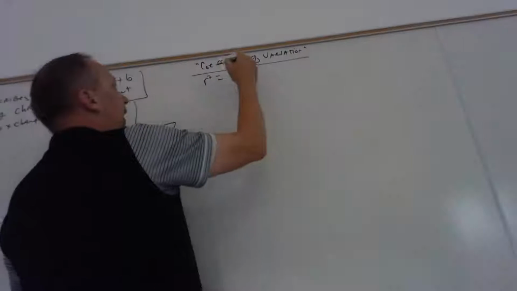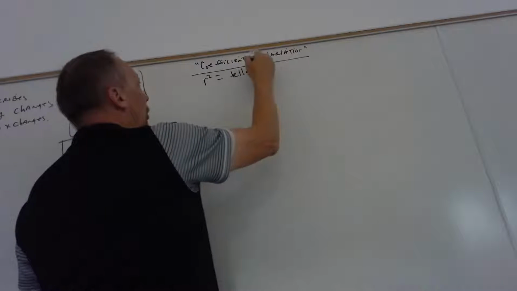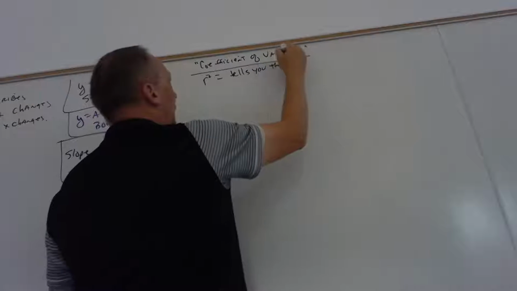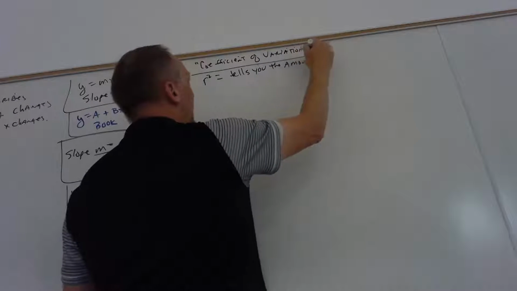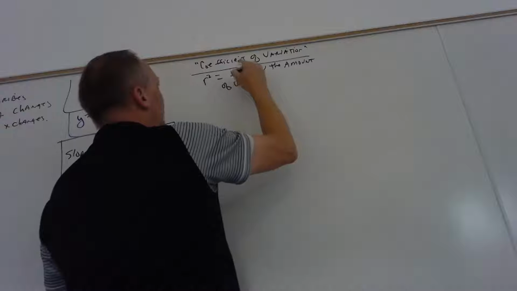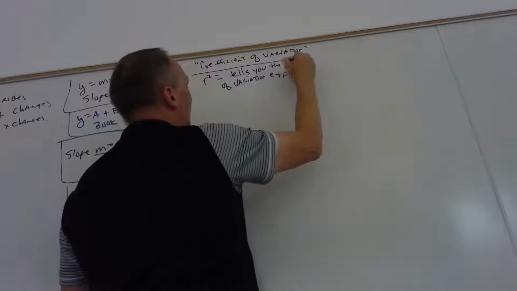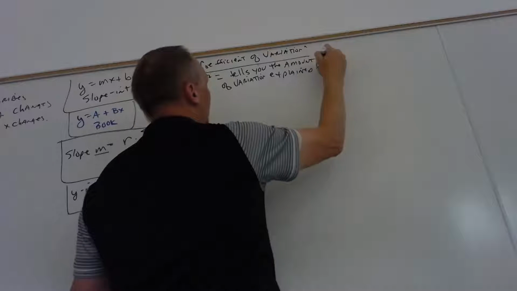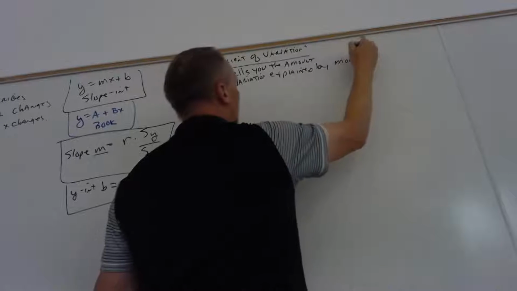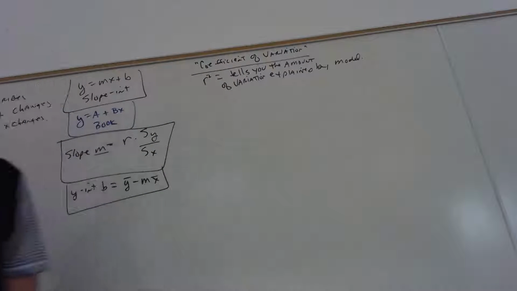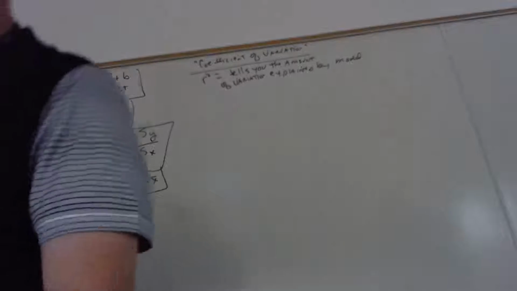The R-squared value tells you the amount of variation explained by the model. Okay? So let's go back and let's figure out what our R-squared value is. Okay?